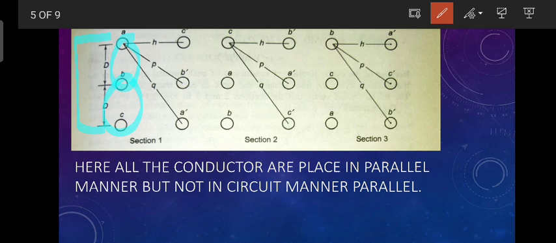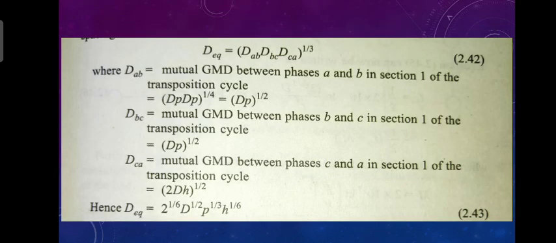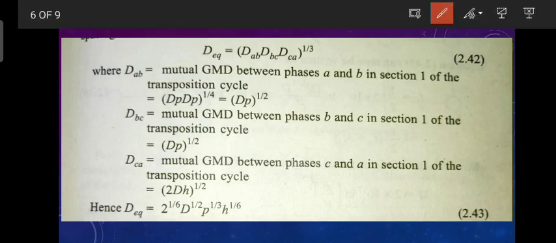DAB is the distance between A and B, DBC the distance between B and C, and DCA the distance between C and A. This is our formula of equivalent distance. Okay, so let's see the full formula, how it is derived.